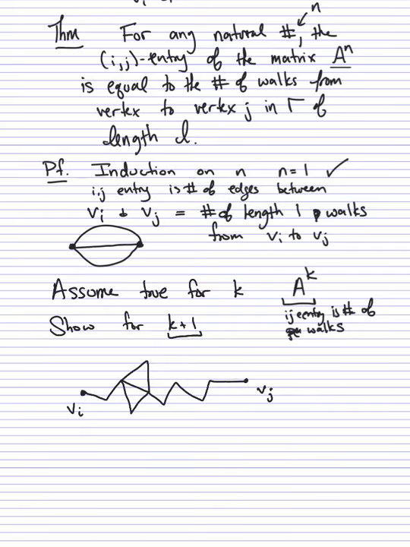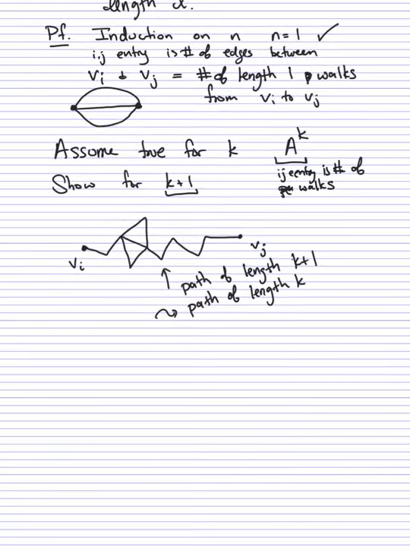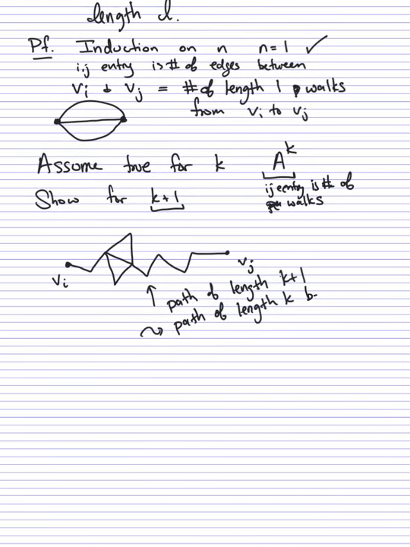Well, if this is a path of length k plus 1, we get a path of length k between vi and a neighbor of v sub j.